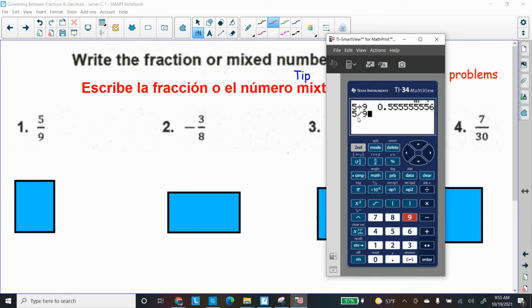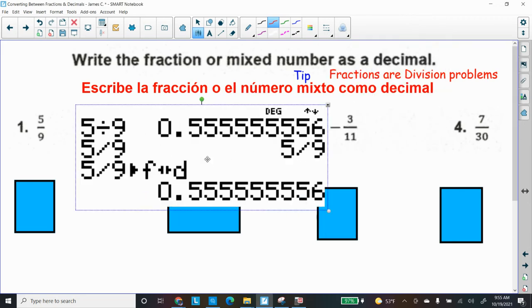So that's how I know I'm going to get the same answer, because that's how we write division. So when I press enter, I get 5/9. There's my fraction. Let me press second. PRB, there's that fraction to decimal. So I'm going to take my fraction, change it to a decimal, and there you have it. So that's the same. I get the exact same thing.